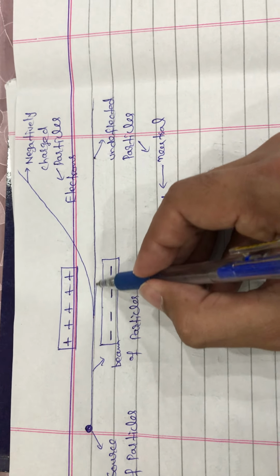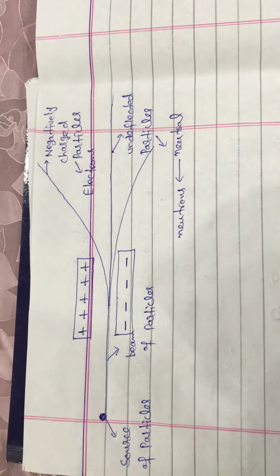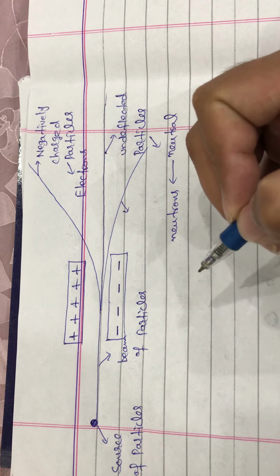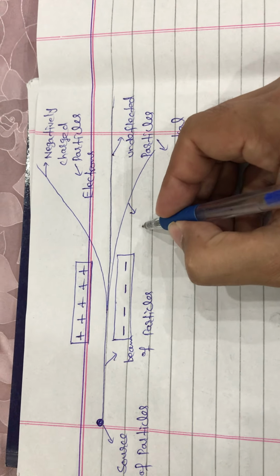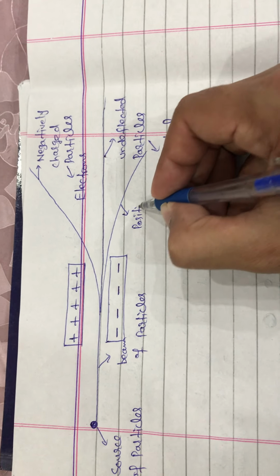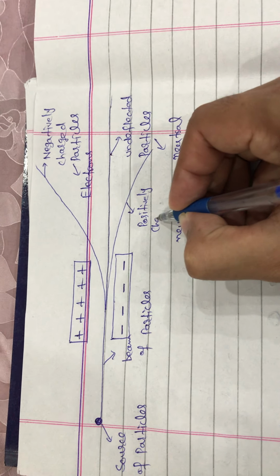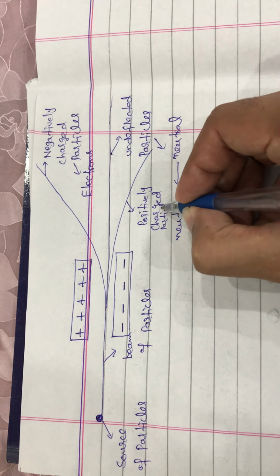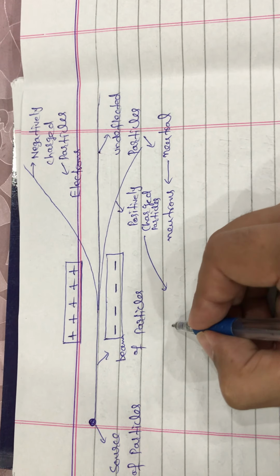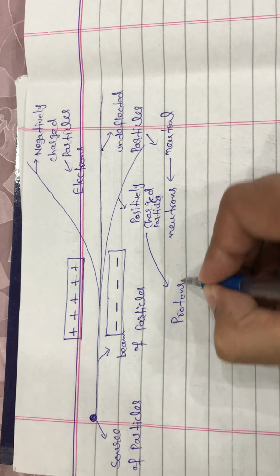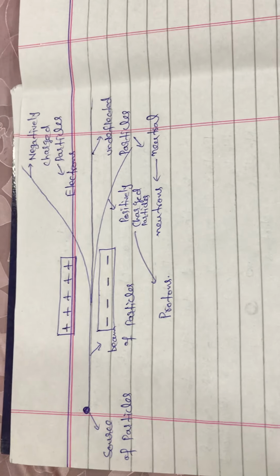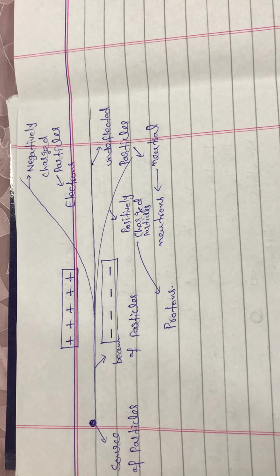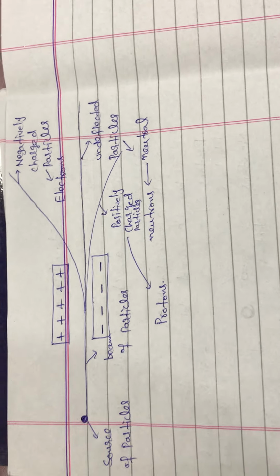And some of the particles will be attracted towards the negative plate. Those that will be attracted towards the negative plate are the positively charged particles, and those positively charged particles are protons. So here is the description about the particles and their charges when they are passing through the electrically charged plates.